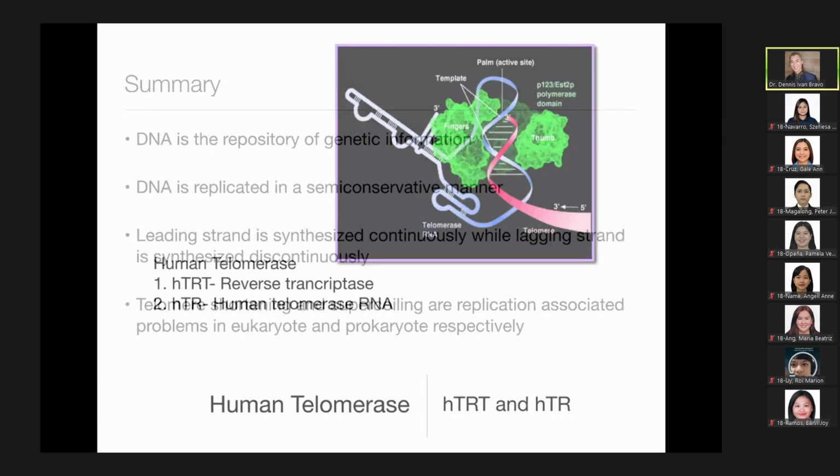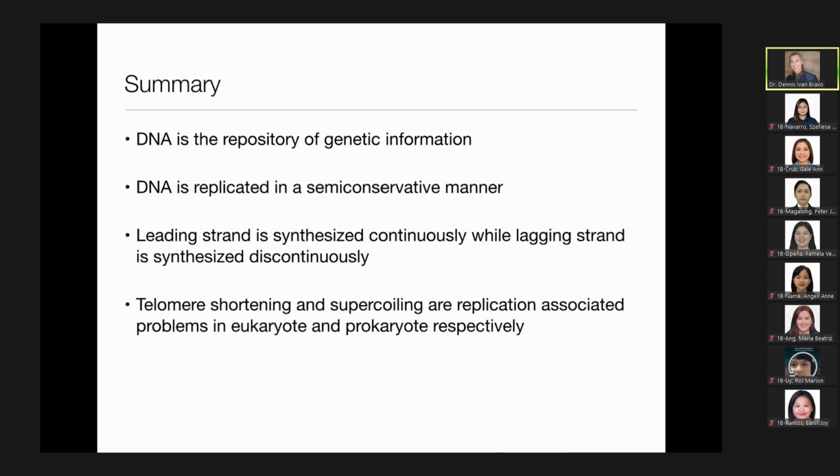So let's summarize before we go on a short break. DNA is the repository for genetic information, as it is the genetic material. It can be replicated in a semi-conservative manner. The leading strand is synthesized continuously, while the lagging strand is synthesized discontinuously. Now, telomere shortening and supercoiling are end replication problems.